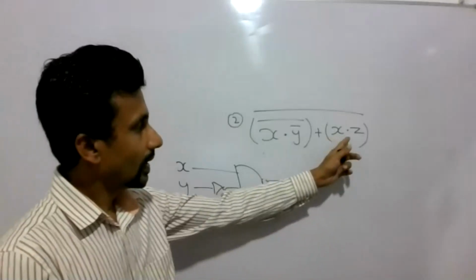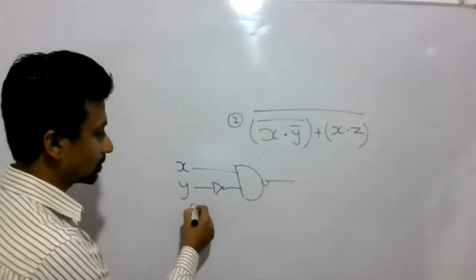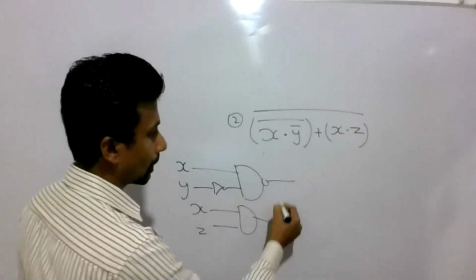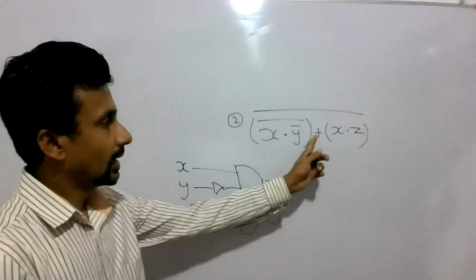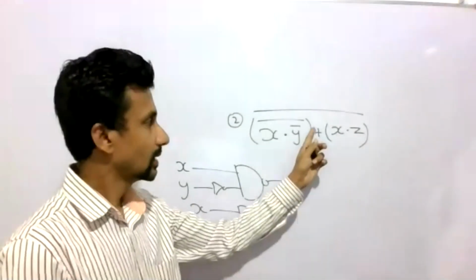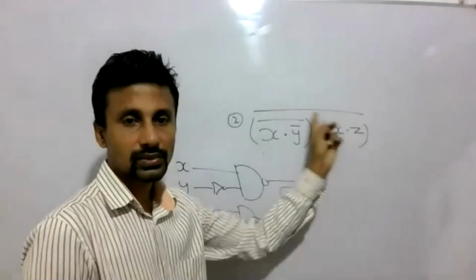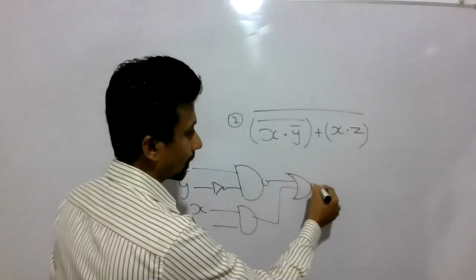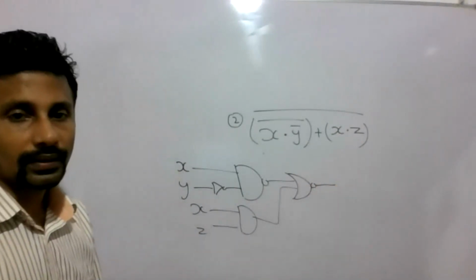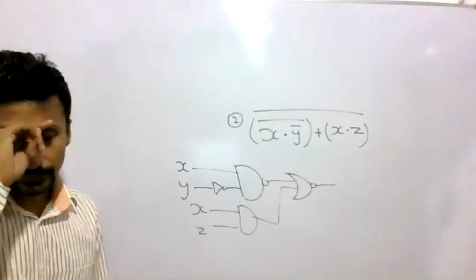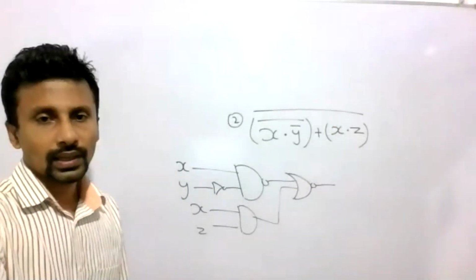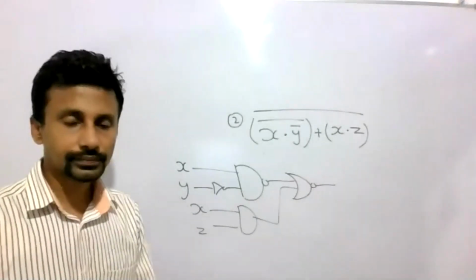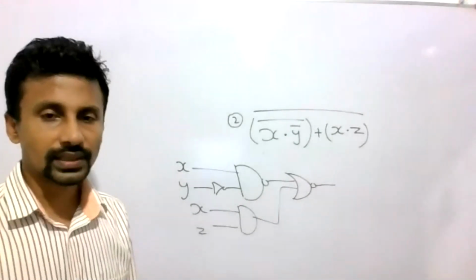Then here I have X dot Z. I am taking X and Z with an AND gate. Then connecting with plus. This plus belongs to this dash also, so it is a NOR gate at the end. Right? I think you can understand that one. We don't have much time to discuss more examples, so when we are doing the past paper also, you can understand this part.